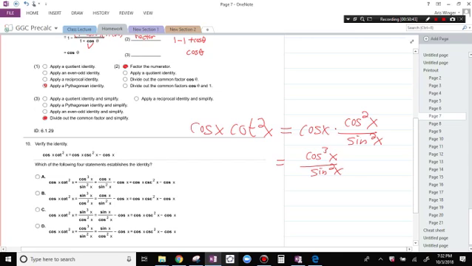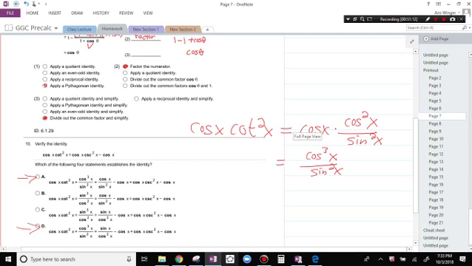So first of all, it's either A or D, right? So it's either one of these. And then what do they want us to do? I don't like this at all.